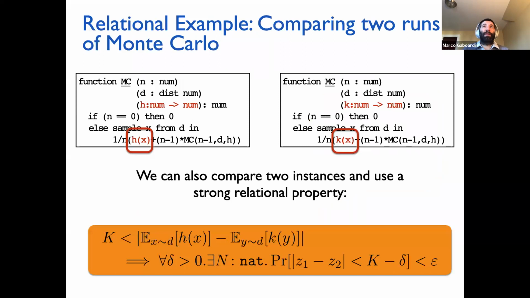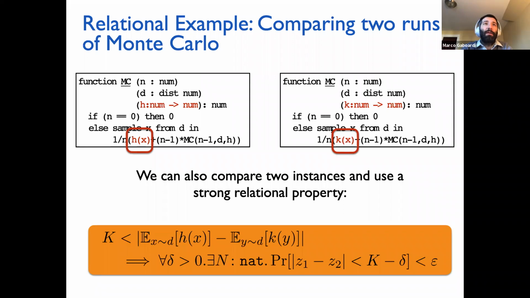Another property, based on the same language, that we may want to show: suppose that we are now interested in computing the expected values of two functions, h and k.